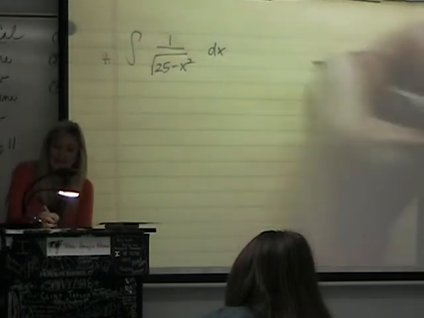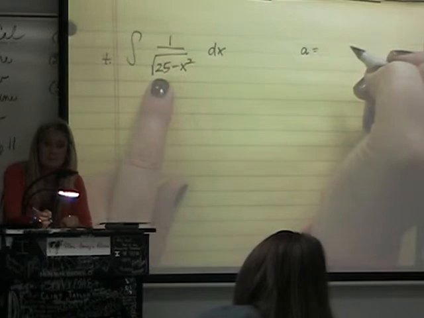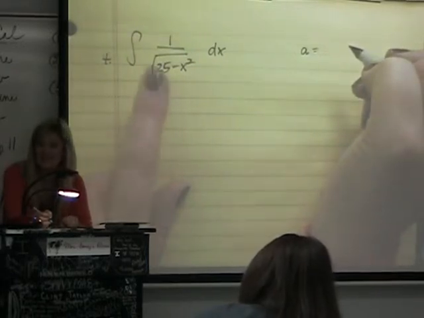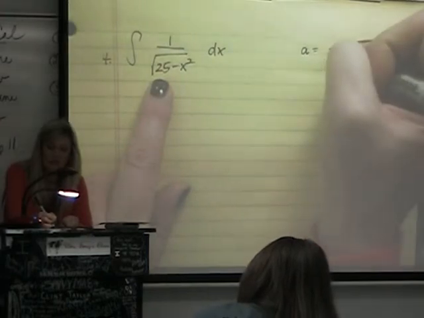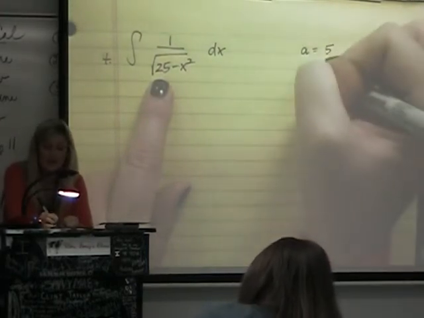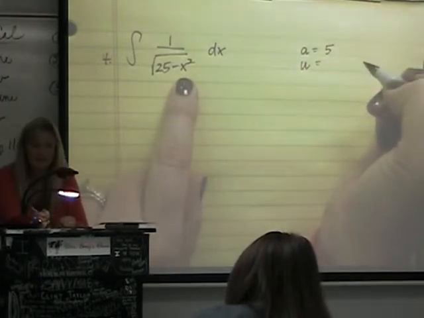So in this case, my A is not 25, but 5, because this is A squared. A is always a constant, by the way. So it's going to be 5, and U is going to be plain old X.